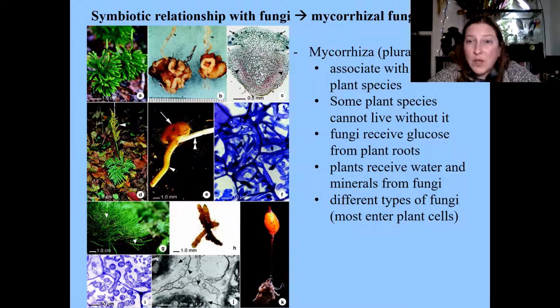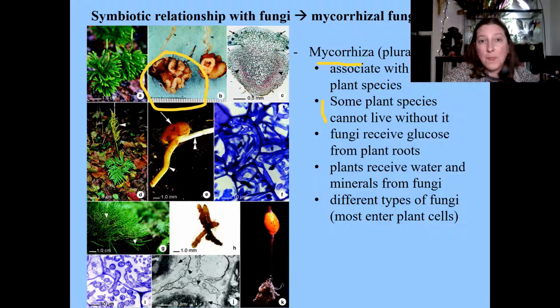And what this is telling you on the slide is that the carrot-looking gametophyte plant has this symbiotic relationship with a fungus called mycorrhiza, right? Plural mycorrhizae. And some species of Lycopodium can't live without it. They have to, and those are the ones that live underground. The gametophytes live underground and are non-photosynthetic, like these, right?